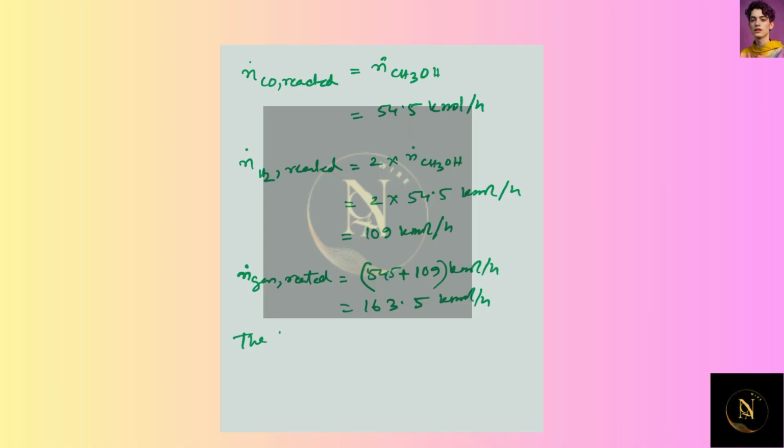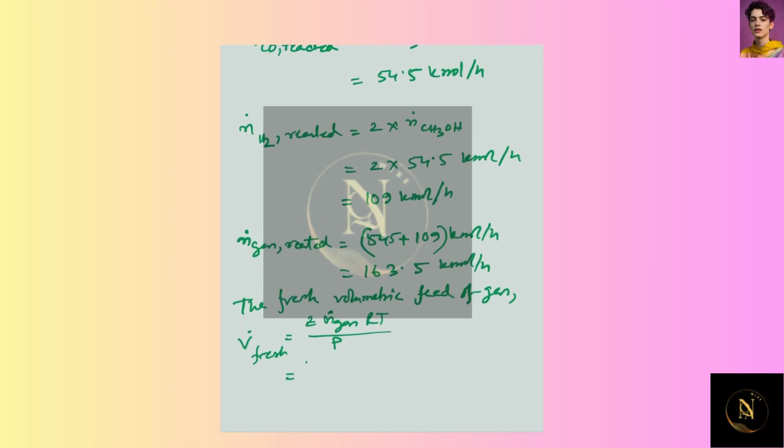Then the fresh volumetric feed of gas is the Z factor multiplied by the number of moles of gas, RT, divided by pressure.